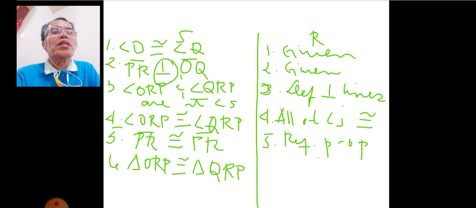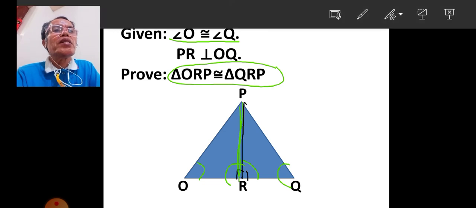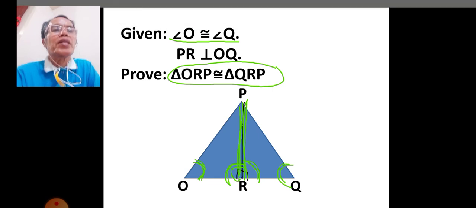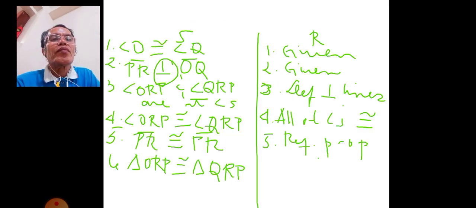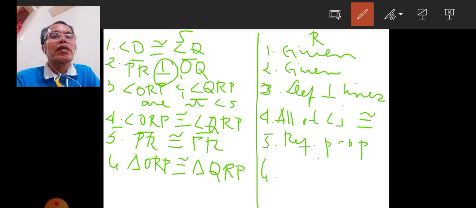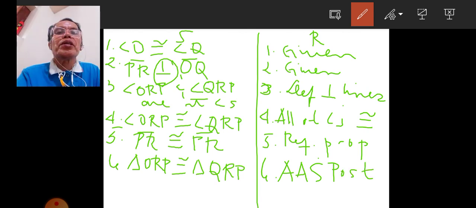So what is our reason? Our reason is angle, this angle, this angle, and this side. So angle, angle, side. That is number 6, the angle angle side postulate. This is the one that I have added in the fourth postulate.